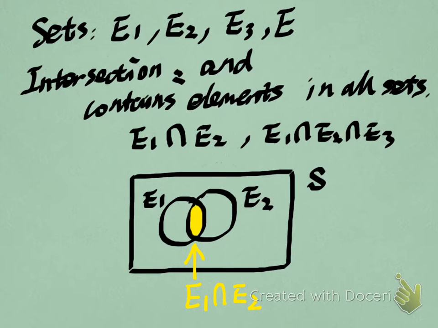Okay, so that is intersection. And then there is another important computation of sets, and its name is union. Union is very similar to OR in programming.